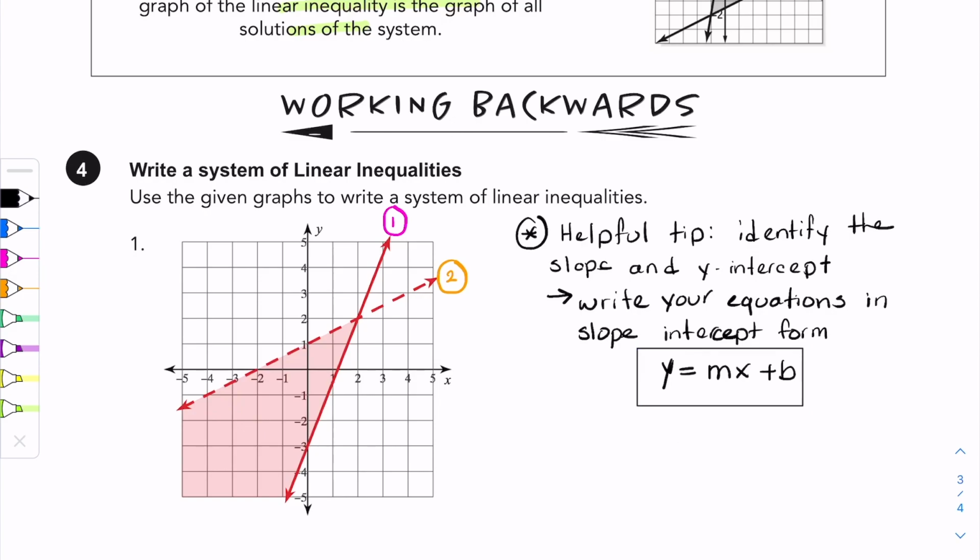Okay, so let's start at number 1. So for line number 1, we need to identify the slope and the y-intercept. So right here, I can see that the y-intercept occurs at -3.